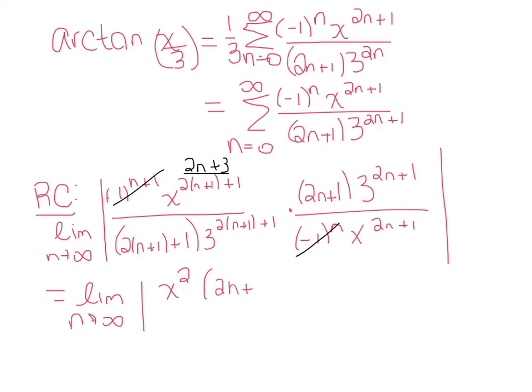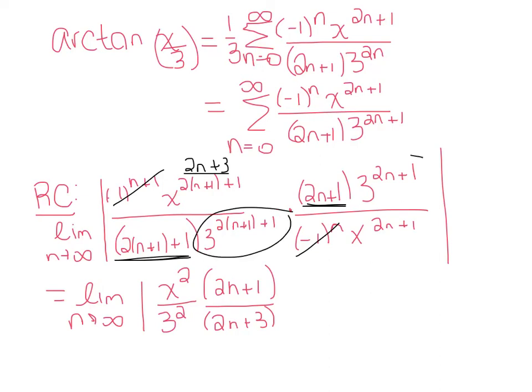We're going to be left with a 2n plus 1 on top and a 2n plus 3 on the bottom from these pieces right here, foiling all that out. And then I think we'll also end up with a 3 squared from these pieces right here, because they're going to foil out in a similar manner, where this is going to be 3 to the 2n plus 3, and so you'll end up with an extra squared down there.